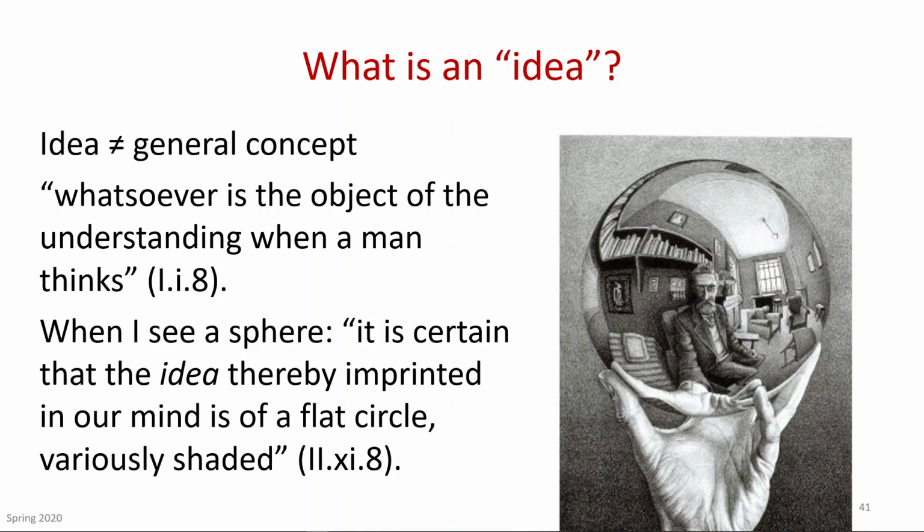What is the actual idea that comes to us through the senses? A circle with different shadings. So if we want to go back to the basis of all knowledge, we're going to look at the simple ideas before judgment is involved and before combination is involved, the simple ideas of sensation.